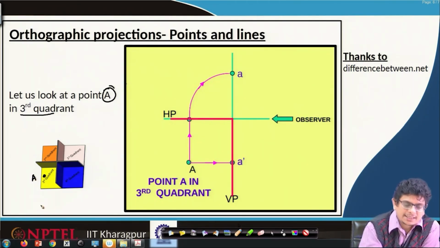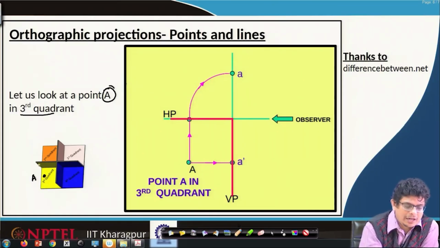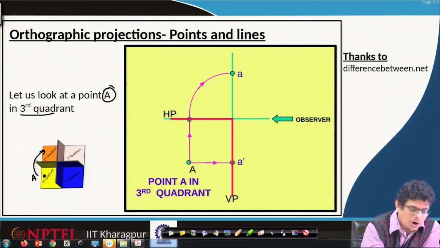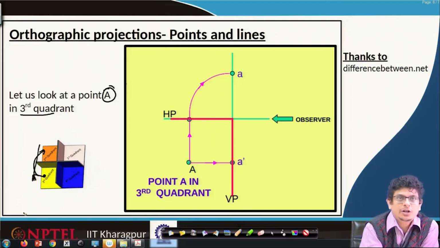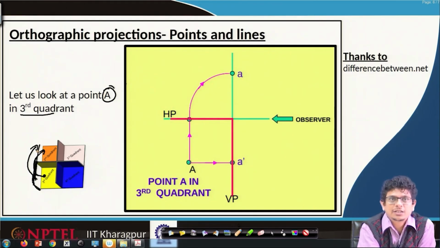What we have seen is that in the third quadrant it will be mainly projected onto that opaque plane, and we are rotating that opaque plane in the clockwise direction by 90 degrees. So, this point is projected onto the parallel vertical plane, and this entire plane, the mirror, we are rotating 90 degrees in this direction to make it a vertical plane.